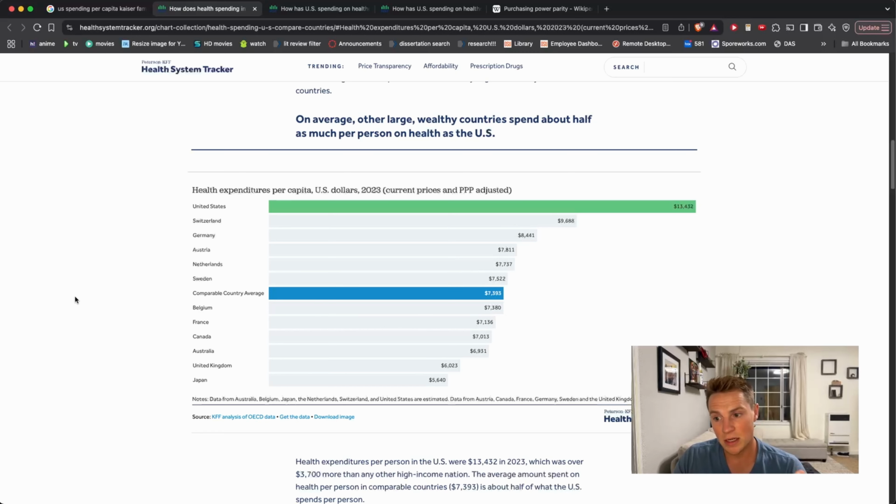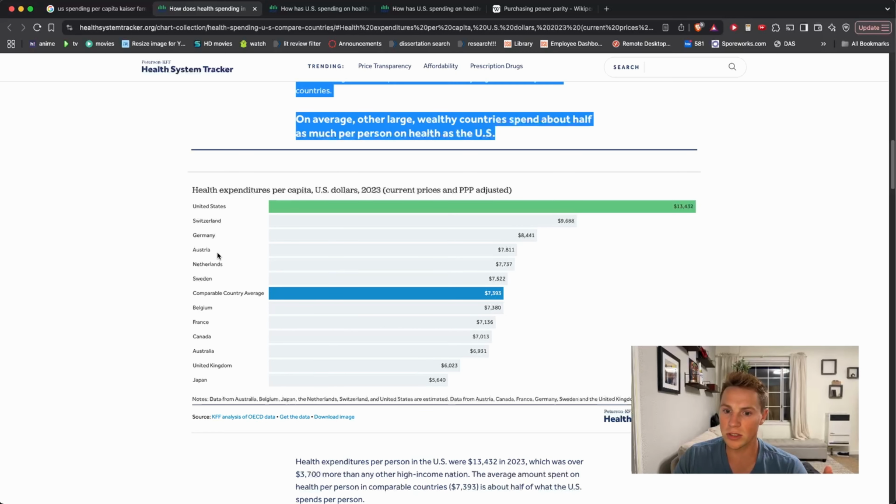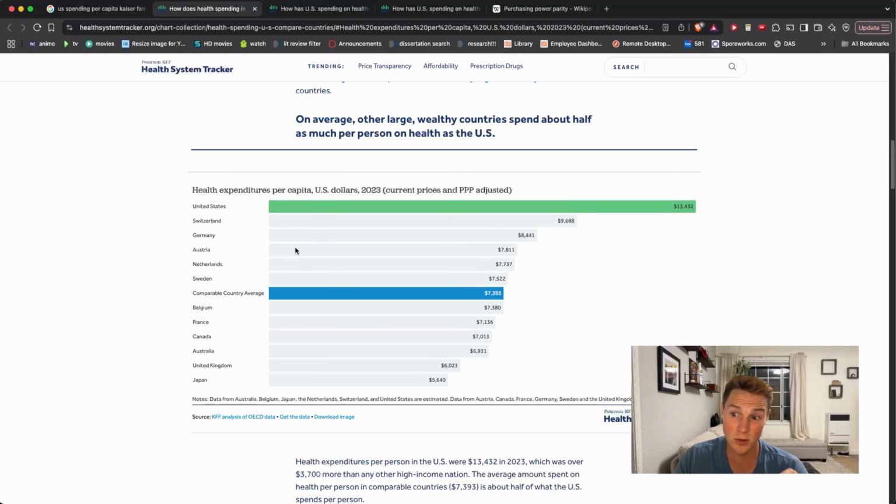Okay, so this is kind of ridiculous. Almost all, if not all, of these other countries below the United States have universal health care. So that means that their citizens don't pay anything when they go to the doctor. It's all covered in taxes.